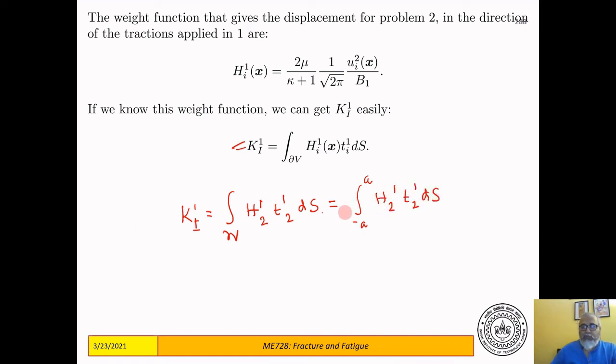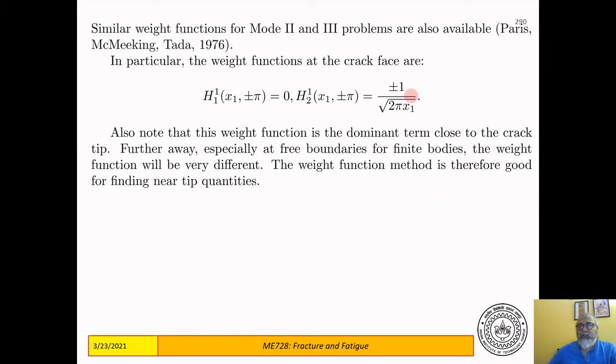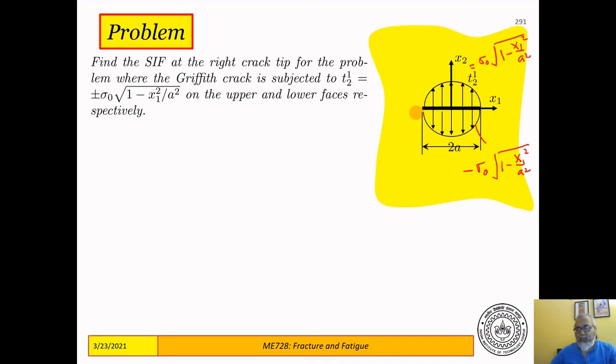It's a mode 1 problem for both crack surfaces. We'll do this. So to calculate this, we remember that the weight function is this, but this was for a crack tip coordinate. Here we have a coordinate at the middle of the crack.